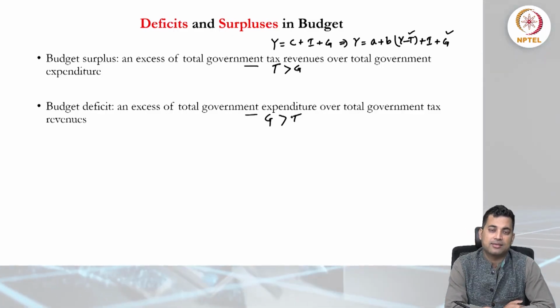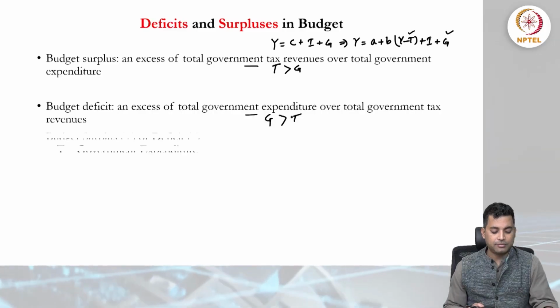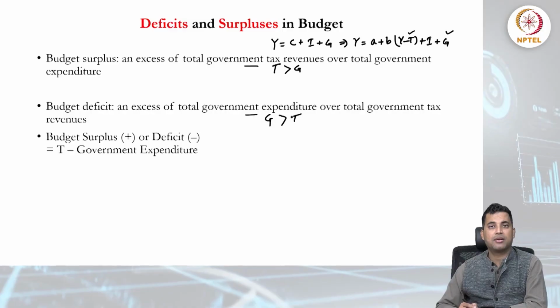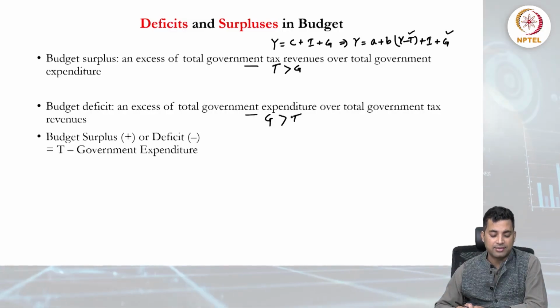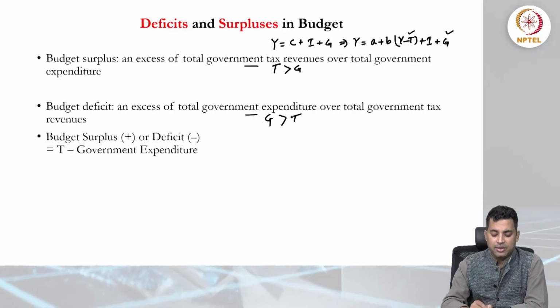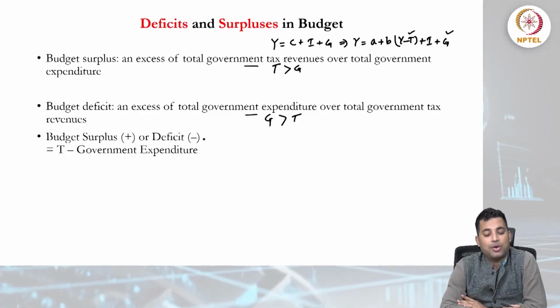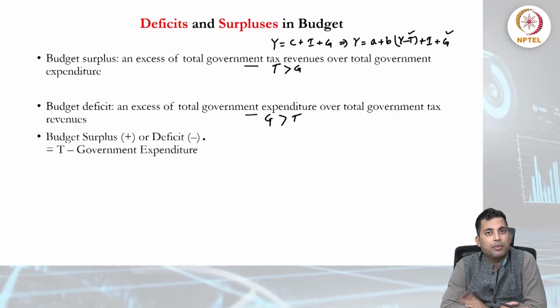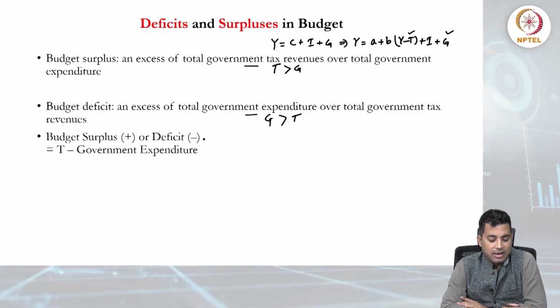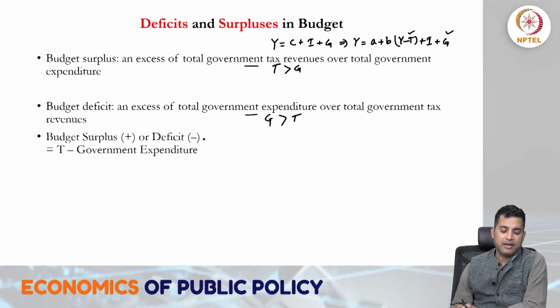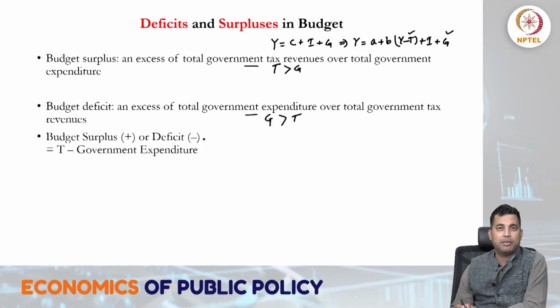than tax collections. When we talk about a budget surplus, we generally denote it with a plus sign, and a deficit with a negative sign. The way we write it is T minus G. Ideally tax revenue has to be higher than government expenditure, and then it will be positive.